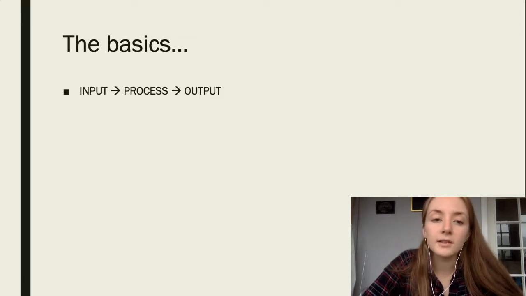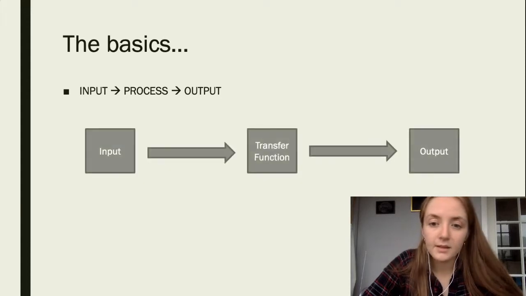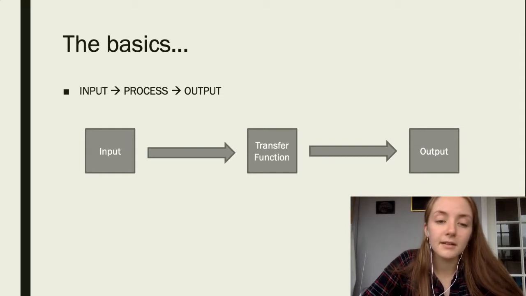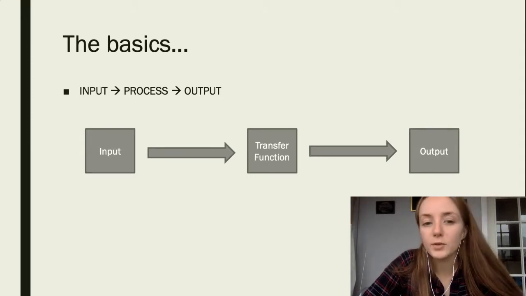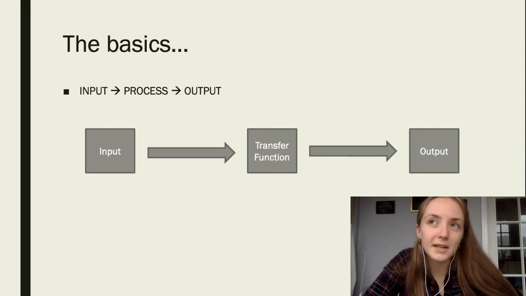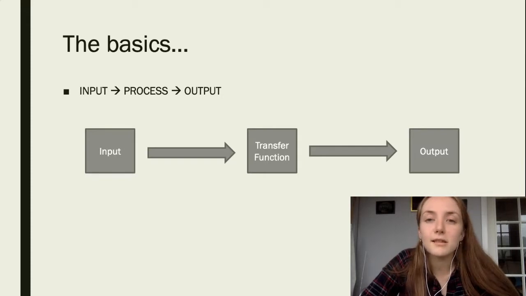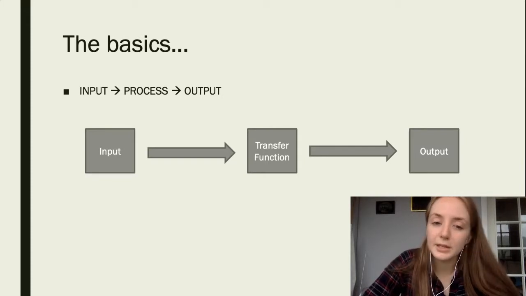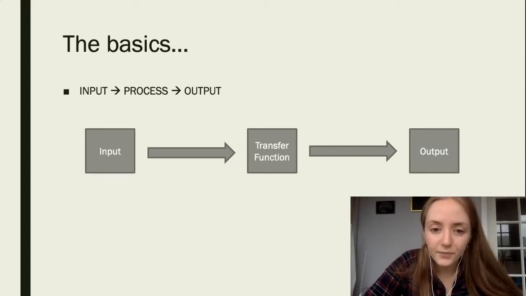Well, a block diagram does the same, basically. We have an input going in at the start of this arrow and goes into a transfer function, and then it exits the transfer function as an output. And what a transfer function is, do you remember earlier how I was saying that you have a mathematical equation that describes your process? Well, that's essentially your transfer function.